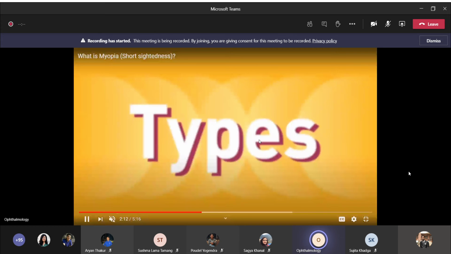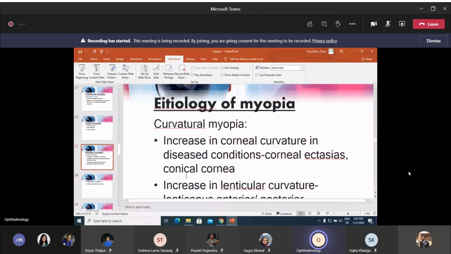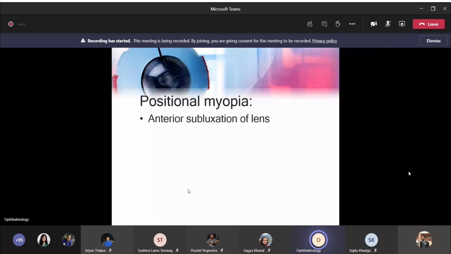So, curvature myopia includes an increase in corneal curvature in disease conditions like corneal ectasia and conical cornea, and an increase in lenticular curvature in the case of lenticonus, anterior and posterior. Positional myopia occurs due to anterior subluxation of the lens, as I have shown you in the video.